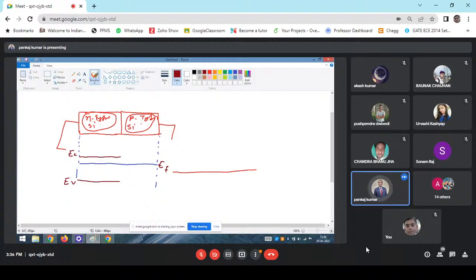And for this, how can we make it? The Fermi level will be close to the valence band, and its conduction band will be away from it. So like this we can draw the Fermi level of any material as required. Okay, so like this is the Fermi level.